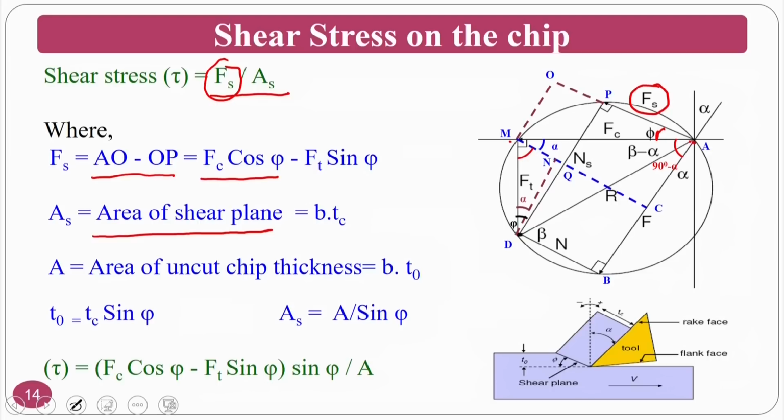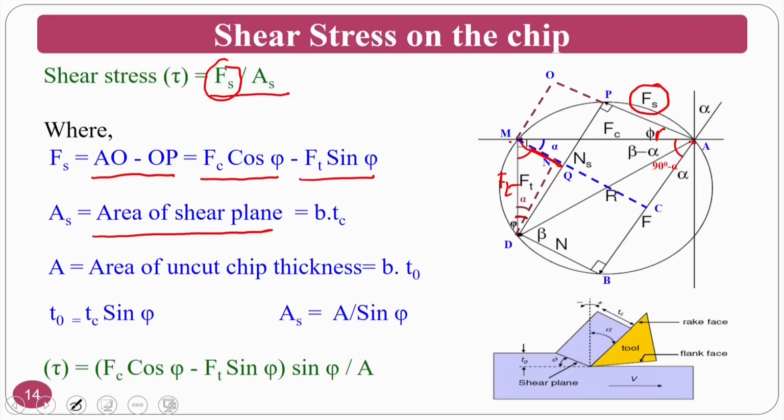Now OP is equivalent to this MQ. I know this phi, so that is the opposite side. That means if this is Ft, this is the opposite side, Ft sin phi.